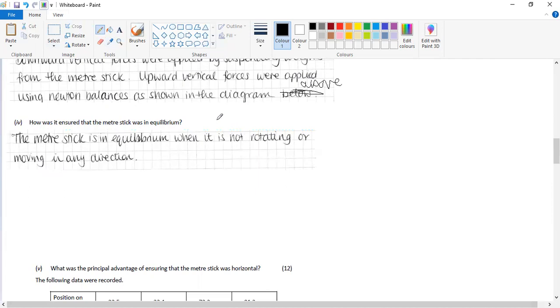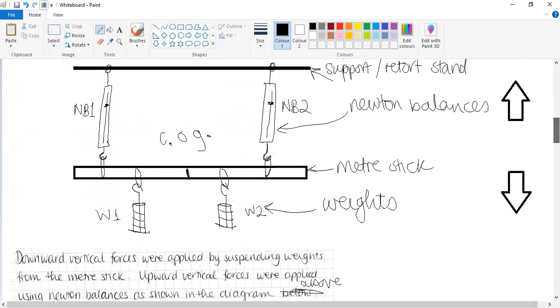And I'm just thinking that just to help if you're not sure. So balanced. How do we know that we're okay? Because if I went up to my diagram, I love a diagram. If I had Newton balance 1 over here, and I had these two sets of weights here, well, it's going to tip because without Newton balance 2, the meter stick's probably just going to fall right down because there's nothing holding it up at this end, okay?